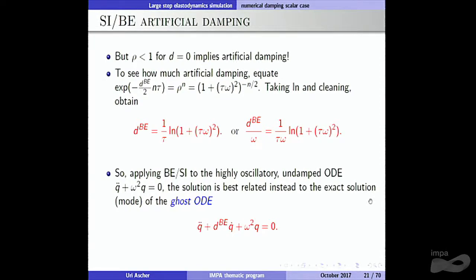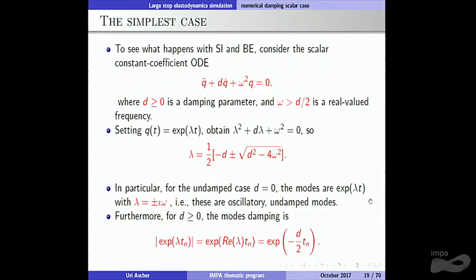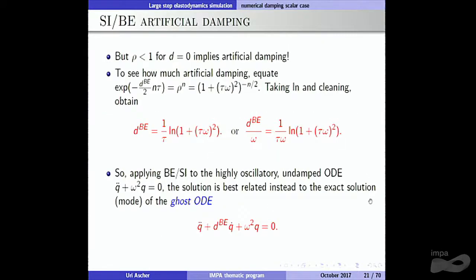This guy, we equate it to a ghost D. The D that we will have to put in here in order to get the same sort of reduction in a similar differential equation. So it's a ghost differential equation, with the original D, which now is 0, replaced by D of backward Euler.